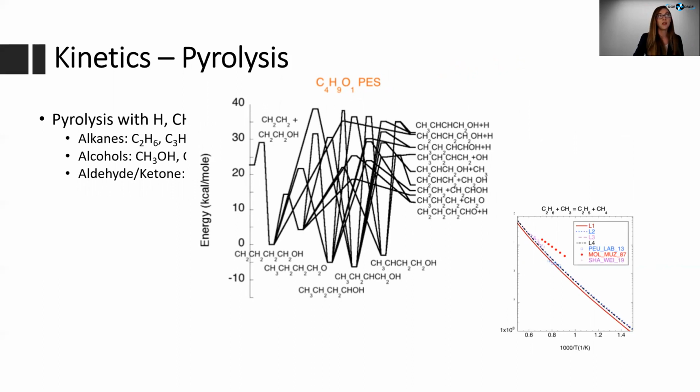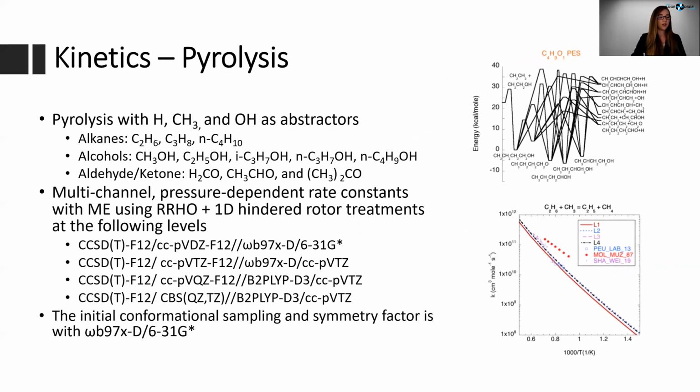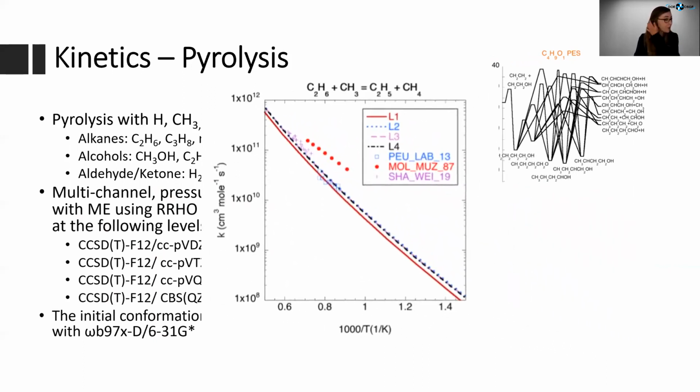So we ended up studying over 200 reactions, and we compared 4 different quantum chemistry methods for doing that. And again, we did this one-dimensional hindered rotor treatment in the partition function. And we, or actually Kevin Moore, a postdoc at Argonne National Lab, did a pretty extensive comparison against experimental rate constants, and found that in general, we were within a factor of 1.3 of experimental rate constants.